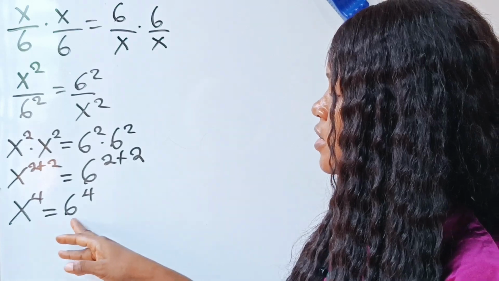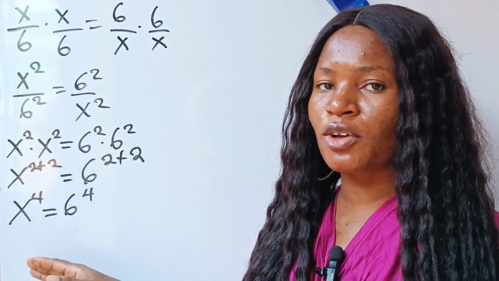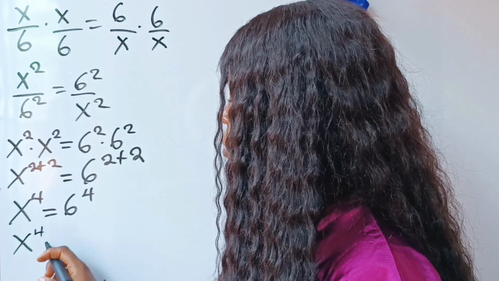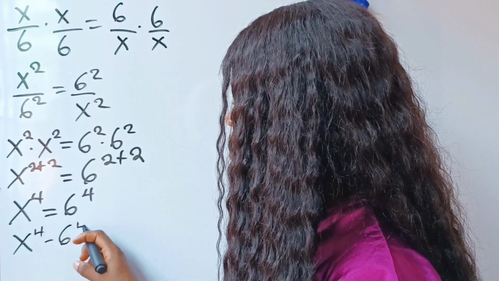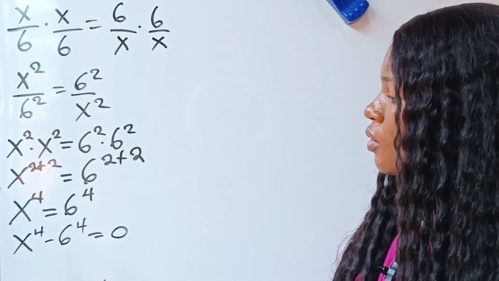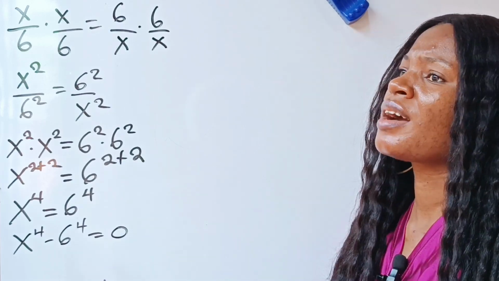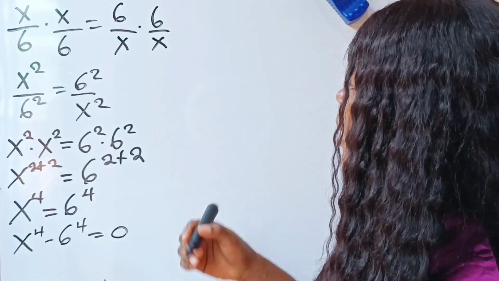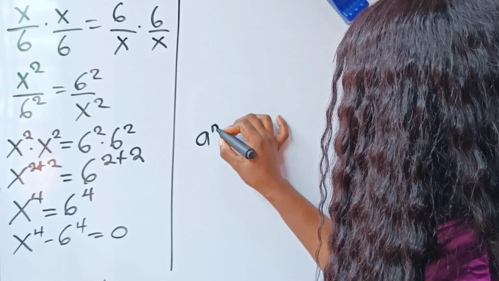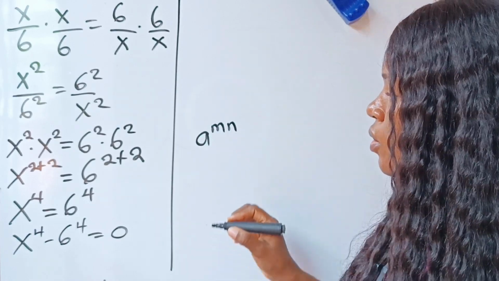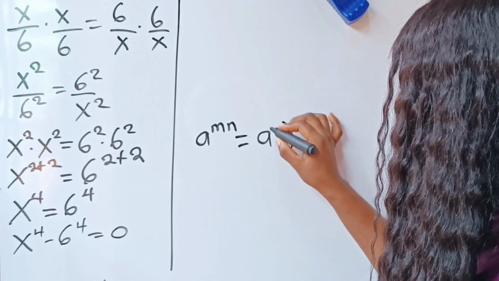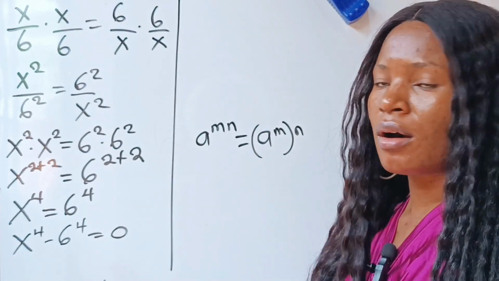Sorry. Now let's transfer this to the left hand side of the equation. So when we do that, we have x to the power of 4 minus 6 to the power of 4 is equal to 0. Now recall again that when you have a to the power of m raised to n, this is the same thing as a to the power of m times n.